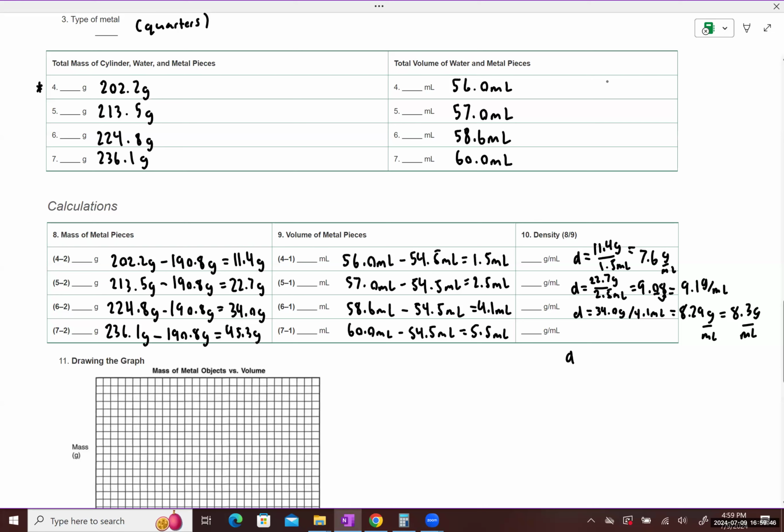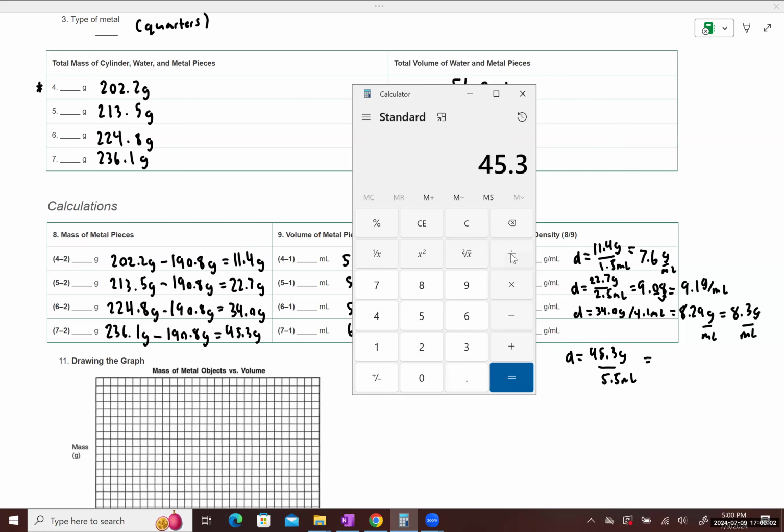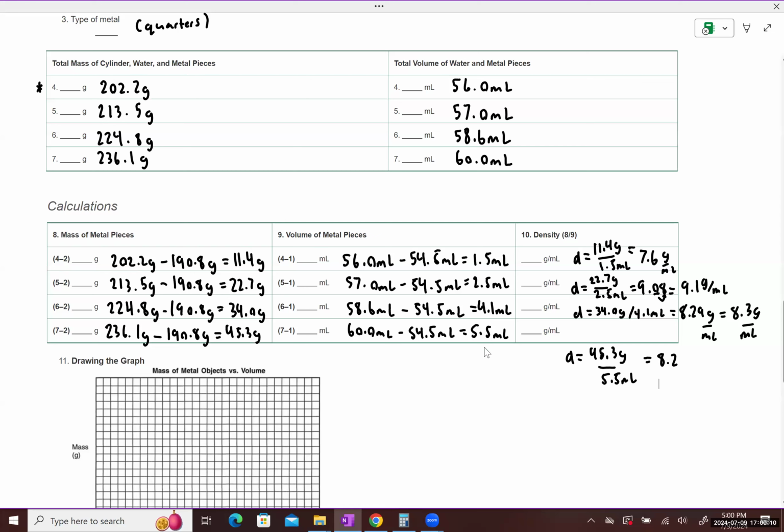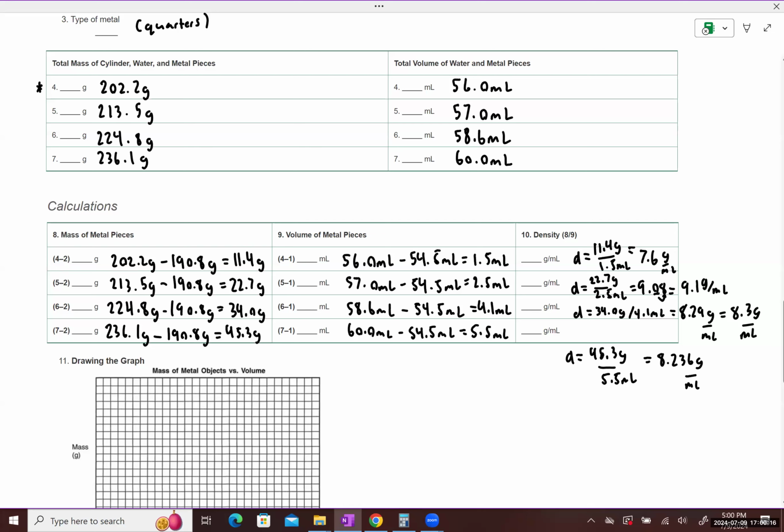From here, if the density is just the mass over volume, we have 45.3 grams over 5.5 milliliters. Let's punch this into our calculator now. And that in turn gives us 8.236 gram per milliliter that we round to two significant digits, which we've written as 8.2 gram per milliliter.